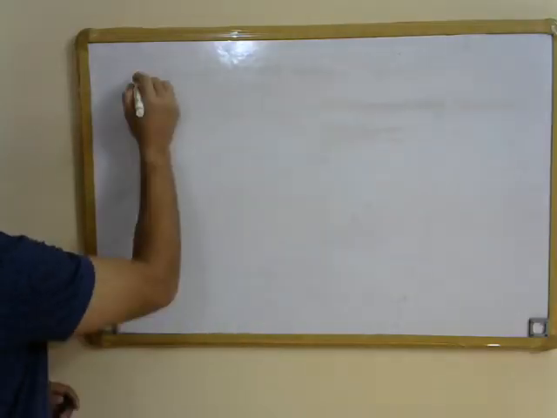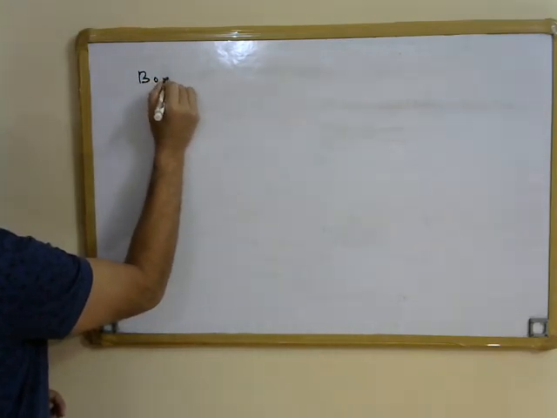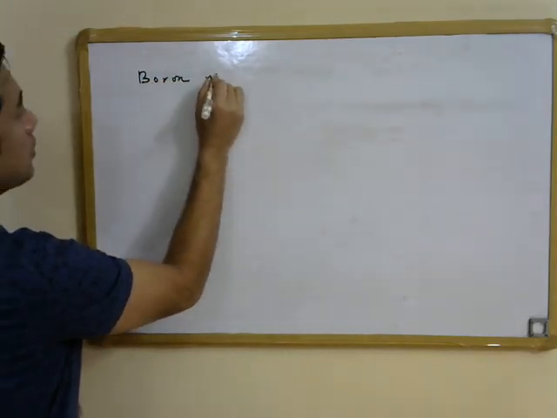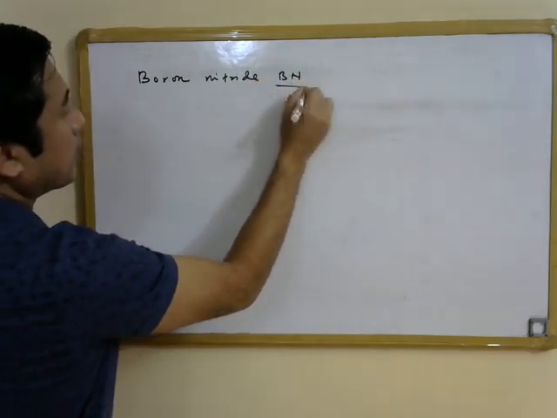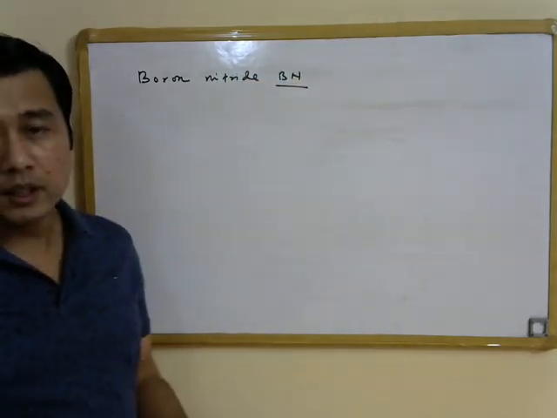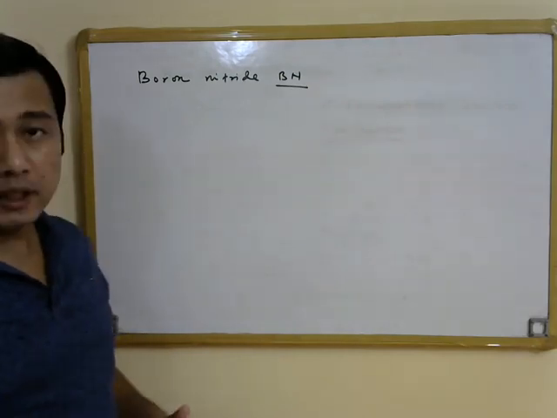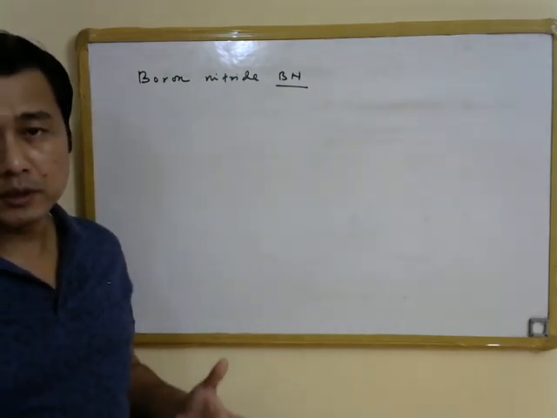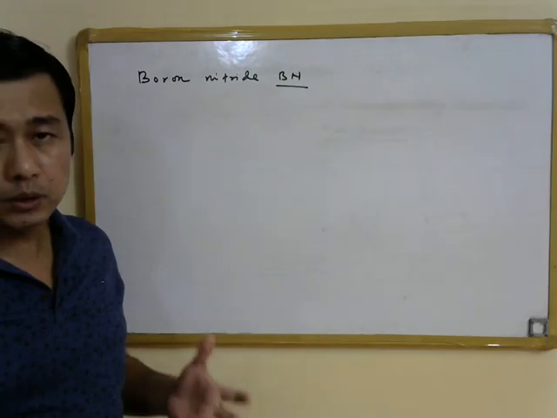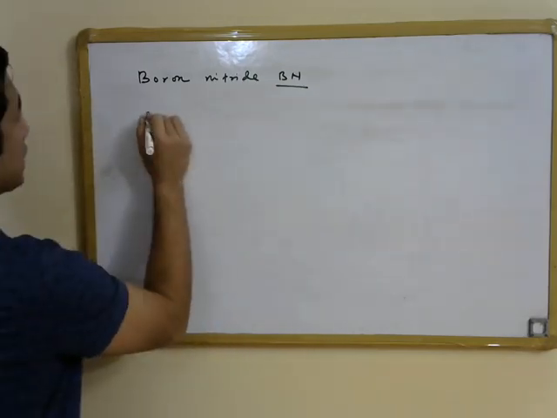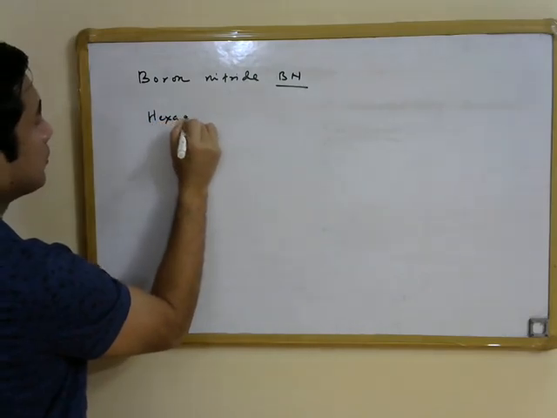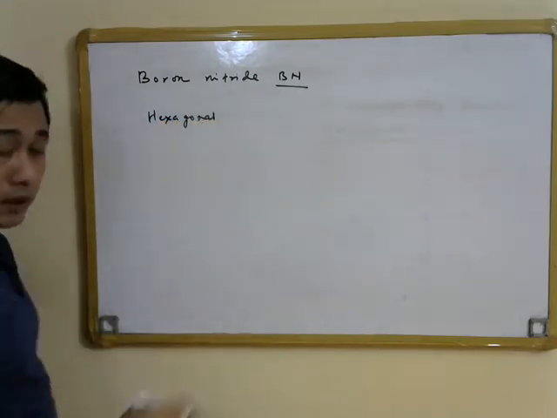is boron nitride. That is, we can write it as BN. Now this boron nitride has 2 different phases, or 2 different structural types. One is hexagonal and the other one is cubic.